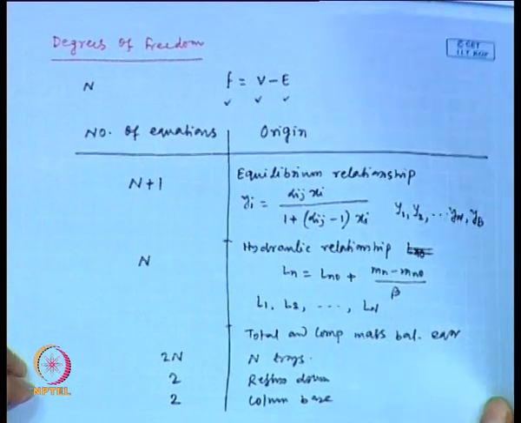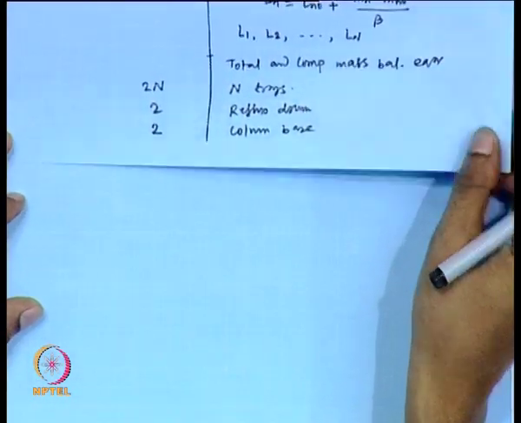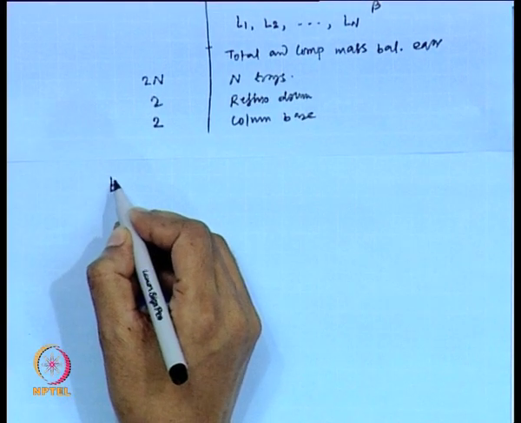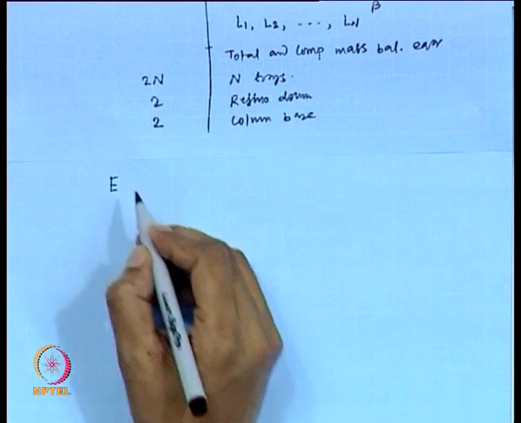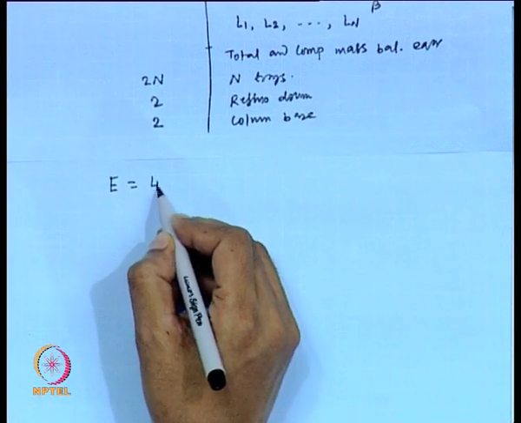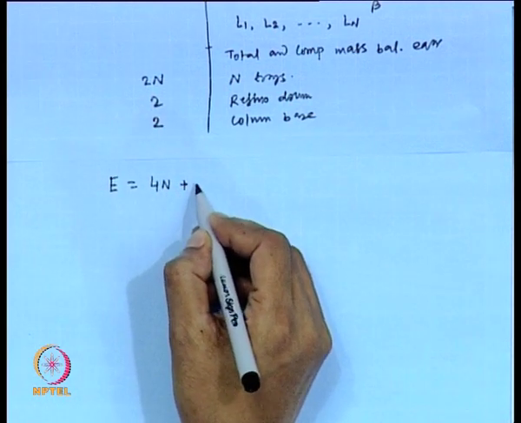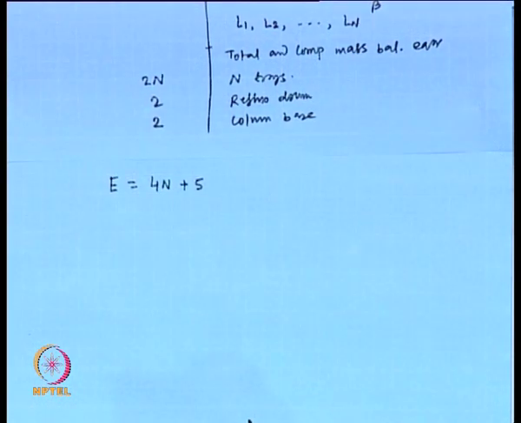So, total number of equations how many? Total number of equations E equals 4n plus 5.